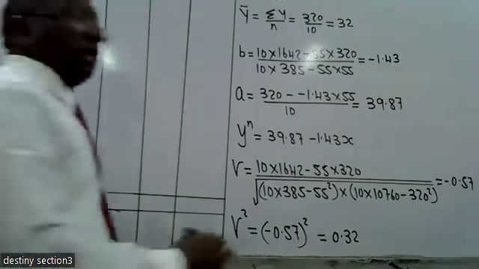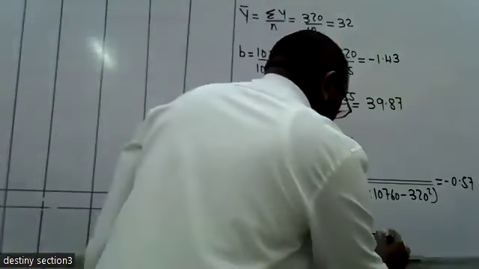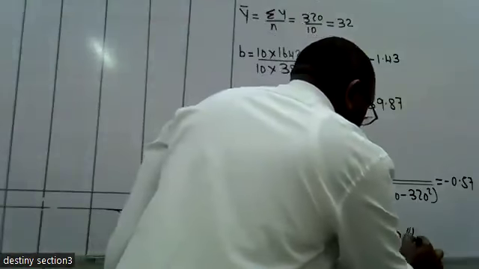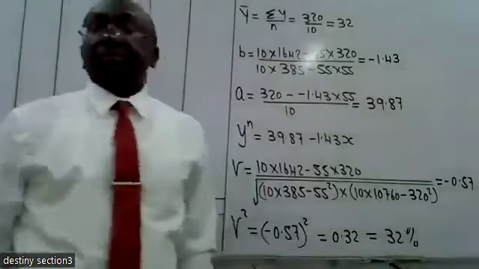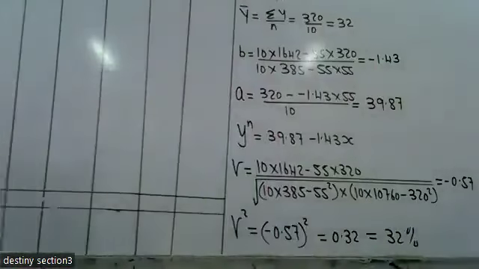You can multiply by 100, and it will be 32%. That is the coefficient of determination. So those are the regression results.